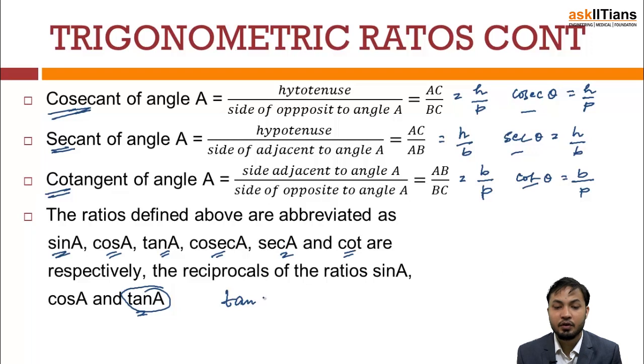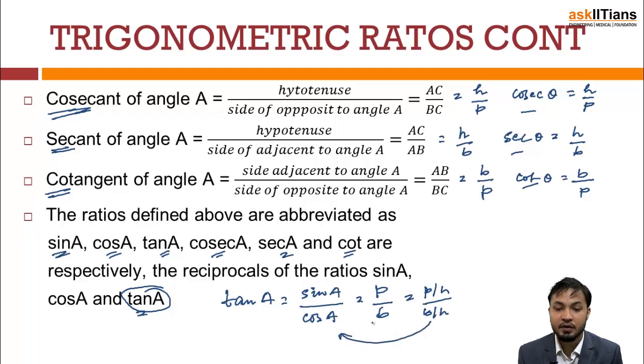Because tangent of any angle is equal to sine A by cos A. How is that? Remember, tan A is P by B, which I can also write as P by H divided by B by H, right? So that gives me this. So if I know only sine and cos, I can take out all the 4 remaining.